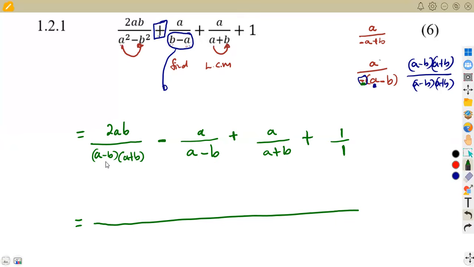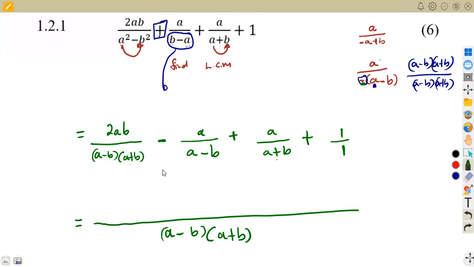Like we've got A minus B, we've got A minus B. It has to be taken in our answer, but we are not supposed to repeat it. We have got A plus B, we've got A plus B. We just take it once. We do not repeat this. We have got a 1, so writing a 1 does not even affect anything. So we can just leave our LCM as A minus B into A plus B.